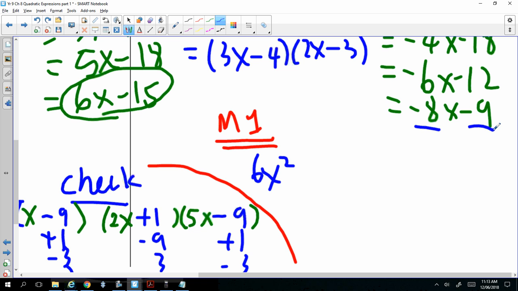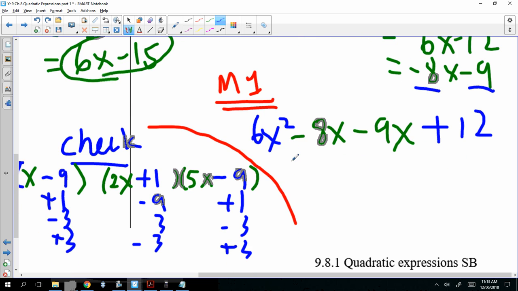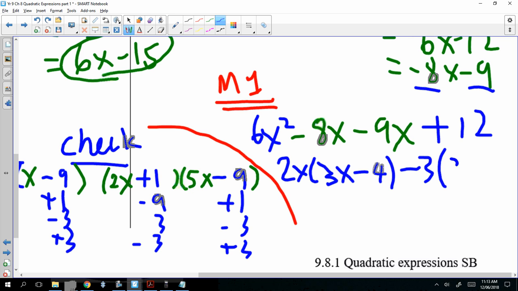You split into 2 terms, take common factor out, group in pairs, 2x is common, minus 4, then the other one, negative 3x, negative 3 is common. Get the idea like this. The 3x minus 4 is common, so therefore you take this out, which can also be quick as well. You don't have to cancel things.